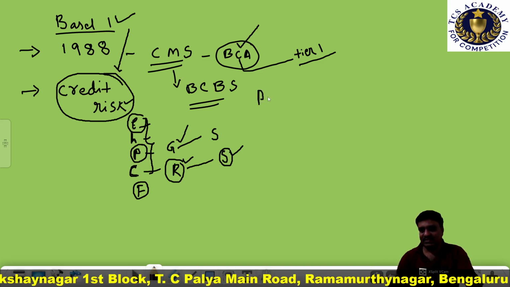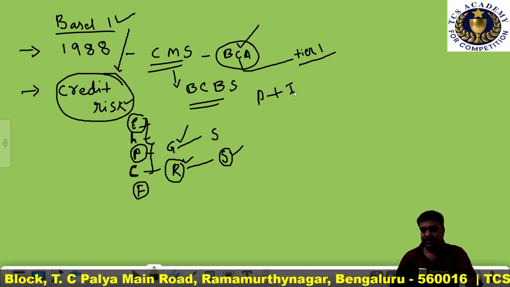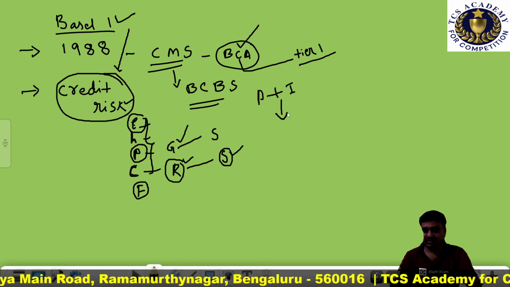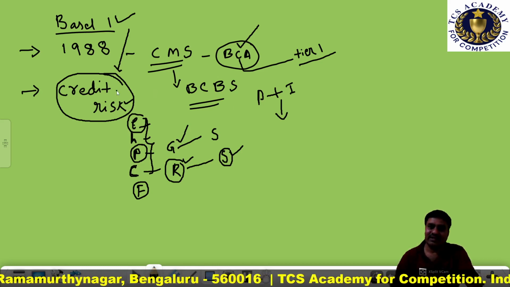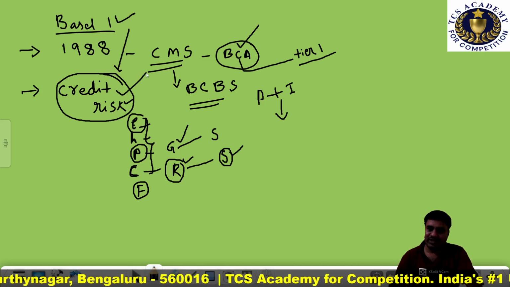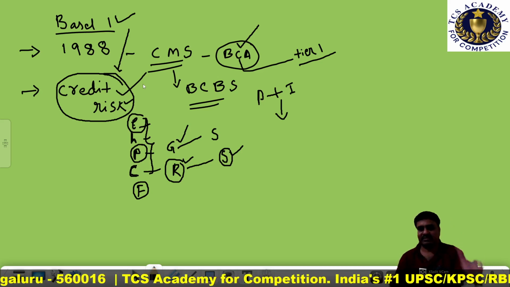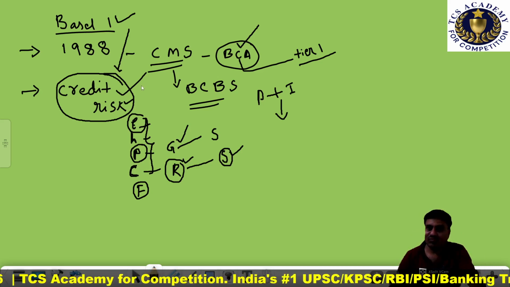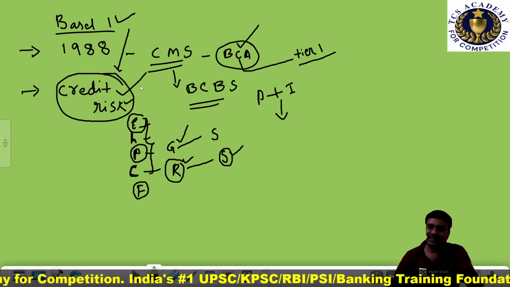If principal plus interest is not paid on time, then the banker is exposed to several risks. That particular risk we call credit risk. In order to withstand these risks, certain guidelines are given by Basel 1, which we call the Basel 1 Accord.